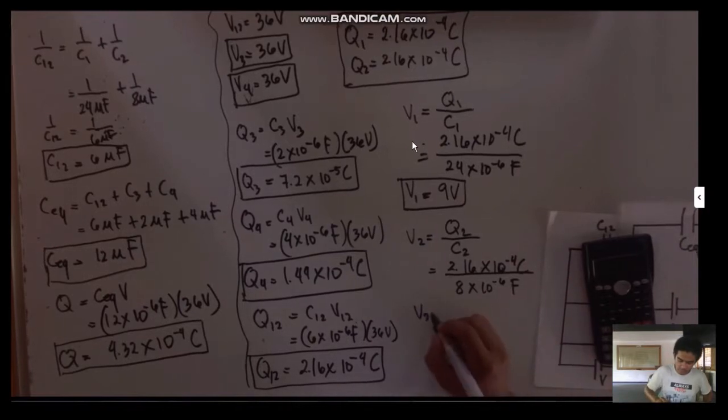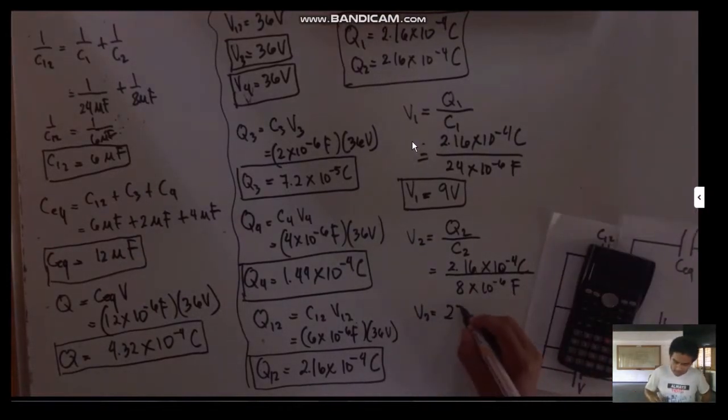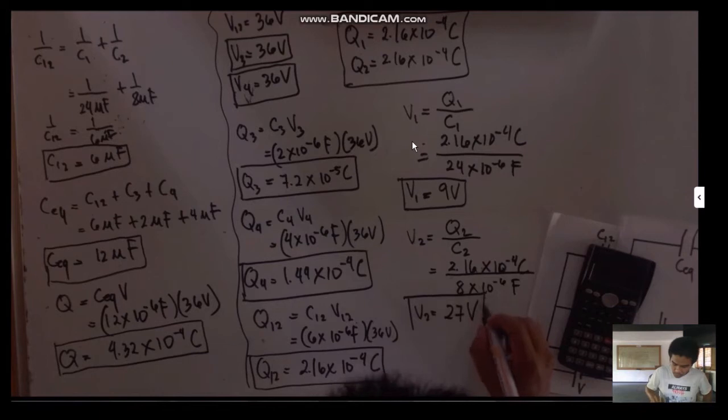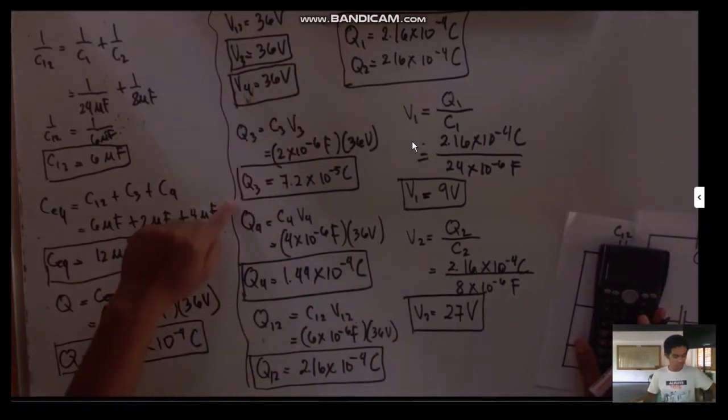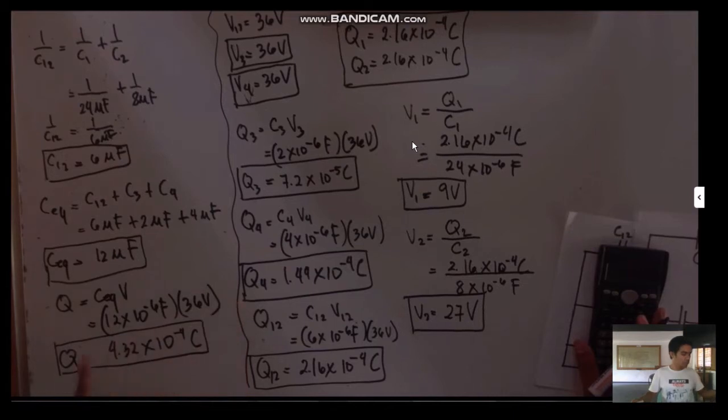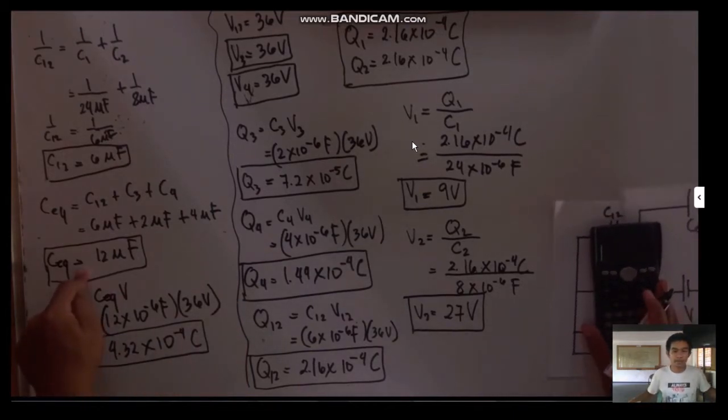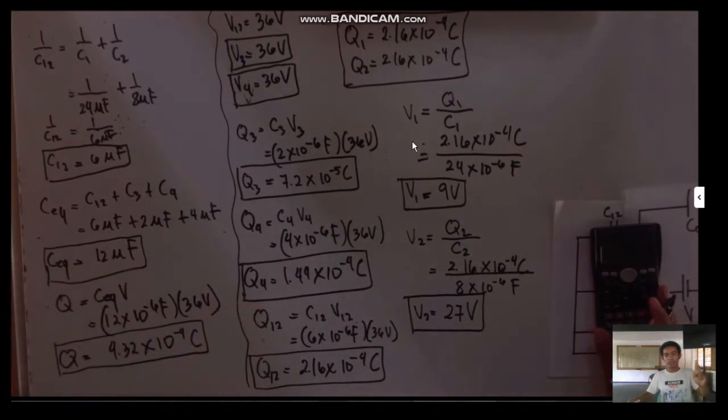So V2 is 27 volts. Okay, so we have V1, V2, V3, and V4. We have Q1, Q2, Q3, and Q4, the total charge and the equivalent capacitance. So that is example number 2.